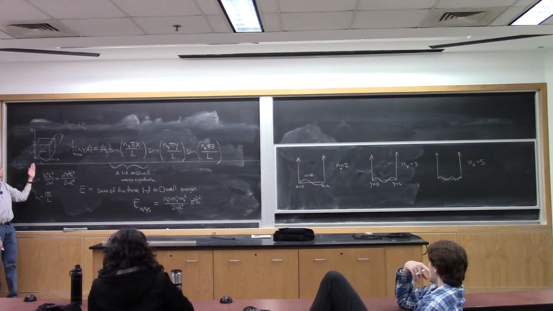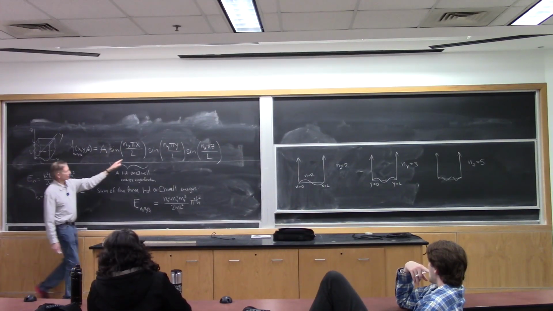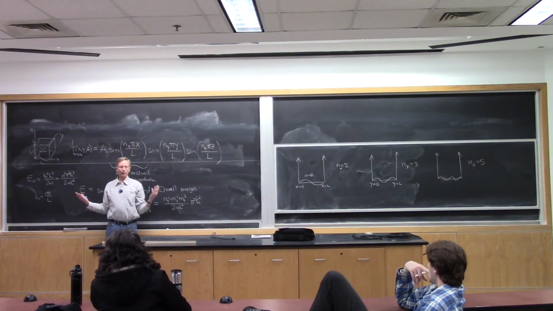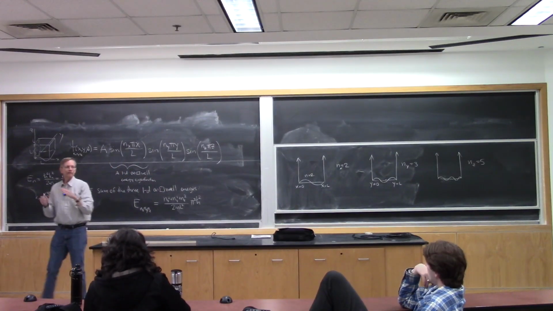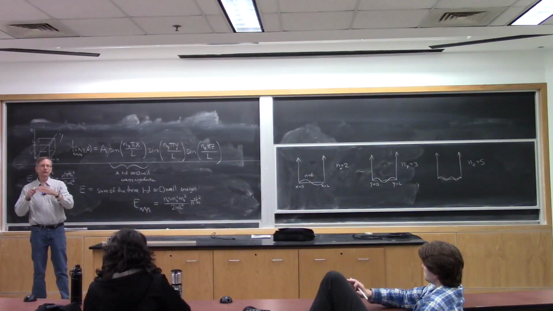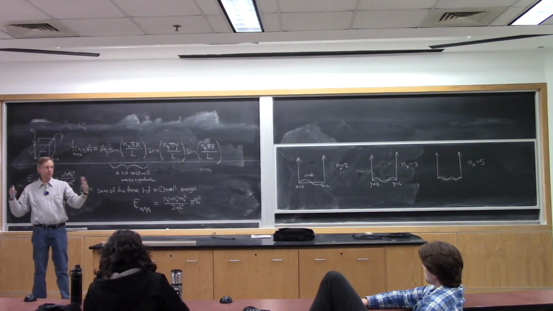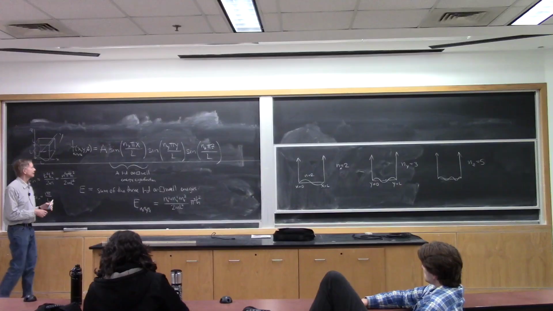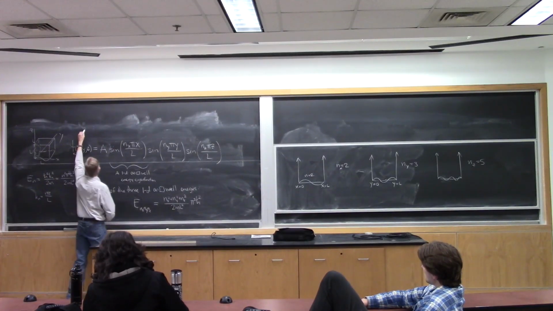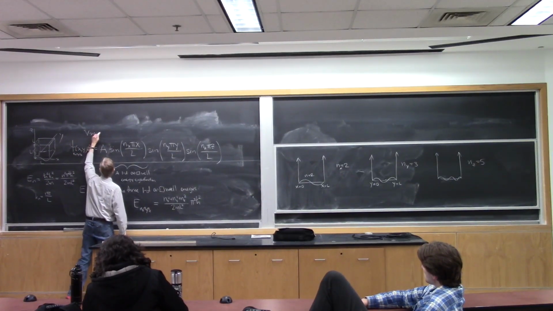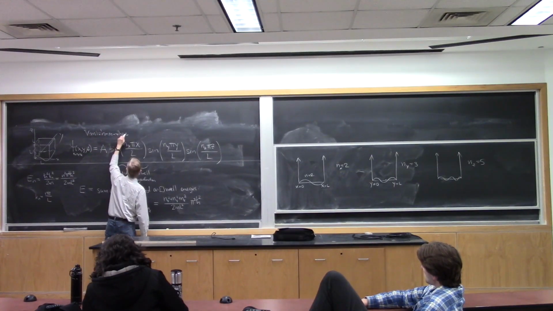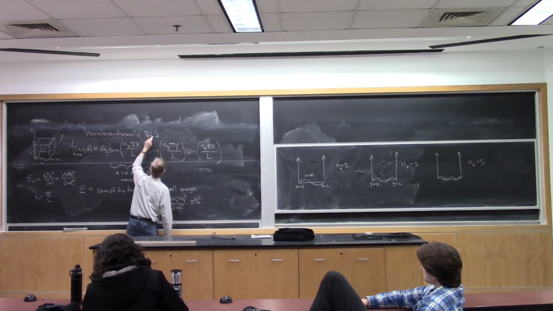And so the wave function vanishes on the walls of our container, just like in the one-dimensional infinite square well, with an integer number of half wavelengths fitting inside the box. In other words, what we have here are vanish-on-the-walls boundary conditions.